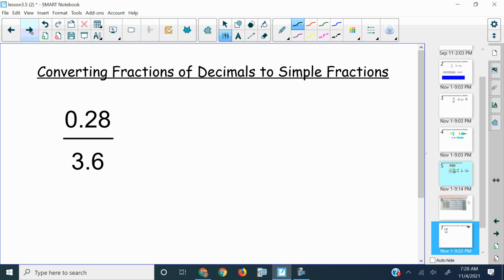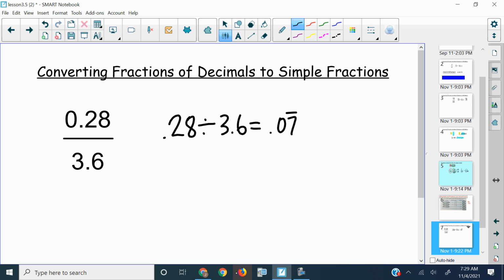All right, so now we can do the same thing here. I'm going to take 28 hundredths, divide by 3 and 6/10, and press the equals button on the calculator. So you can do the same thing right now. 28 hundredths divided by 3 and 6/10, press the equals button, and I get 0.07, and that 7 goes on and on.